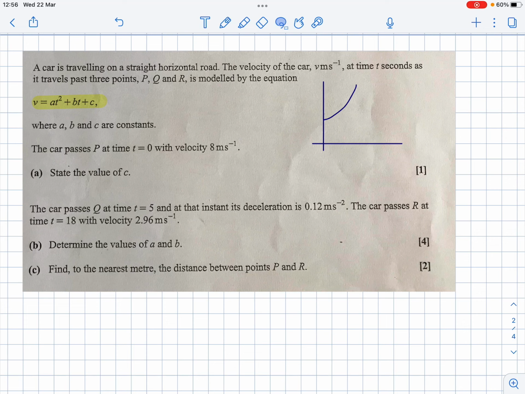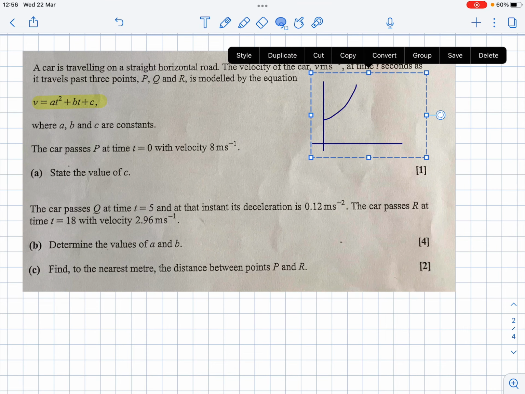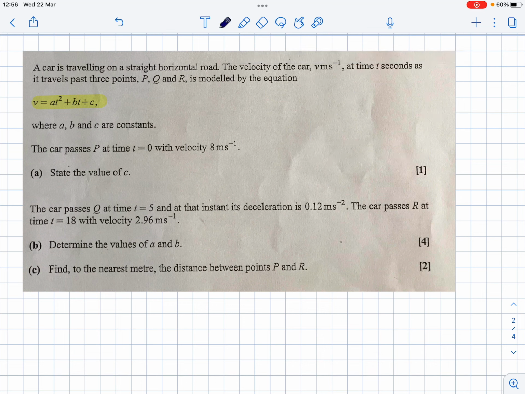Okay, so it can't be constant acceleration. It means that we're going to have this idea that we can differentiate displacement to find velocity, differentiate velocities to find acceleration, and integrate to work the other way.